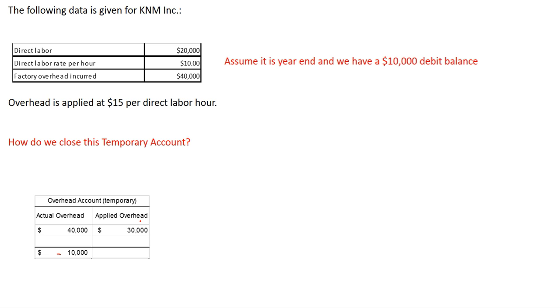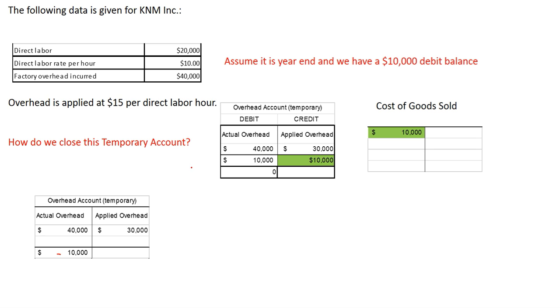There are multiple ways to do that, but the easiest way is to credit the account right here. If I credit the account by $10,000, it's going to go literally to zero right here. And if I credit this, I need to debit another account. The easiest way is to debit cost of goods sold.